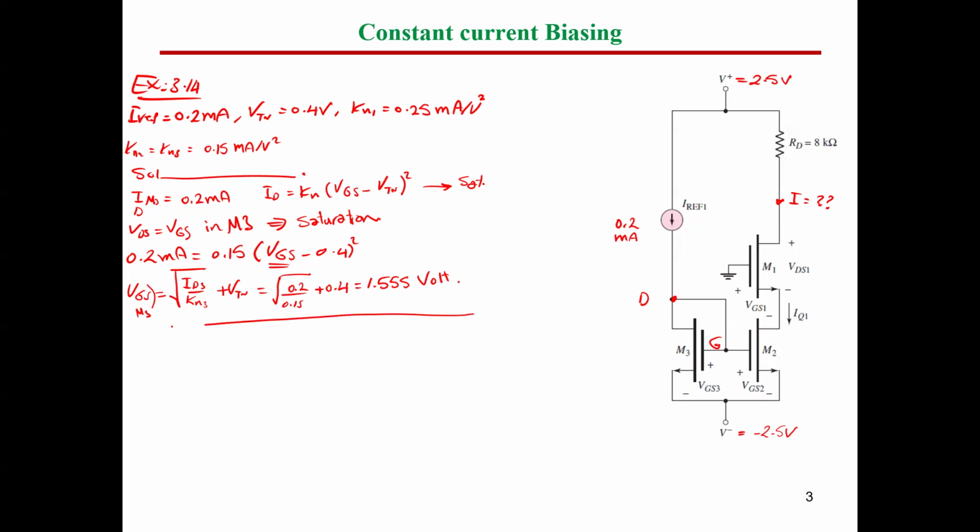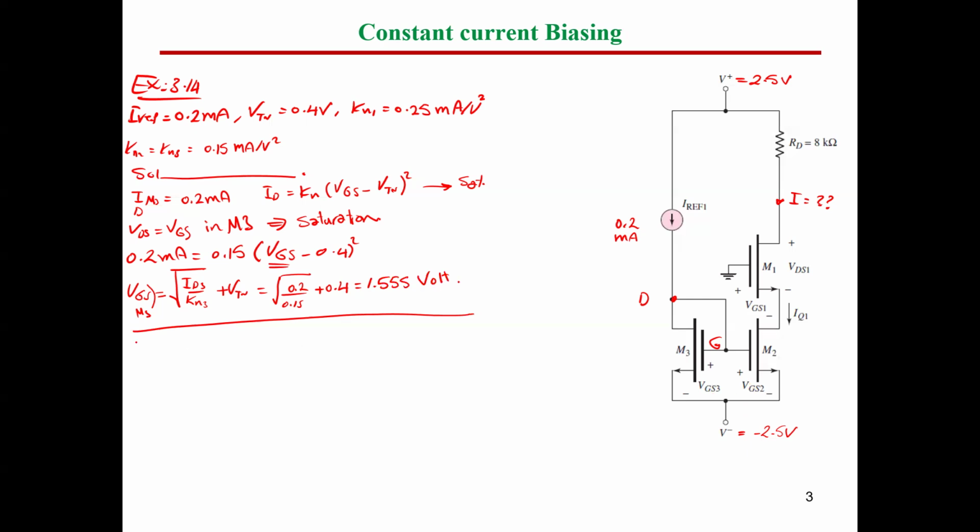Now, if you compare MOSFET number 3 and MOSFET number 2, you will find that MOSFET number 3 has VGS equal to VGS of MOSFET number 2.